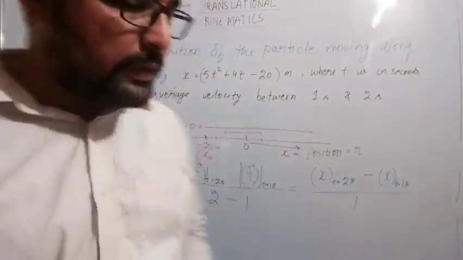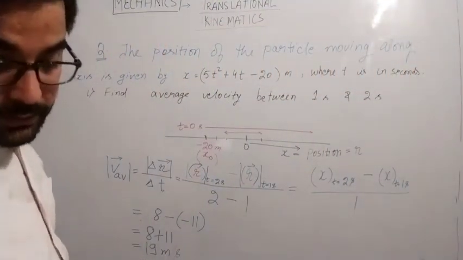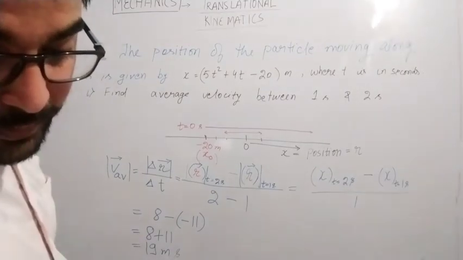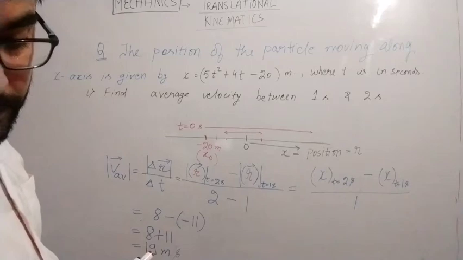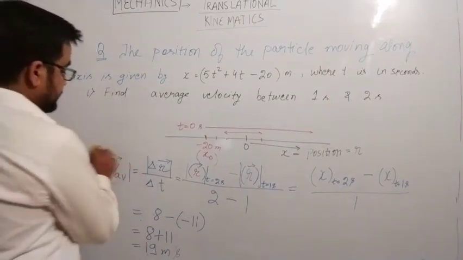So that was easy. Now in the next part it is asking, find velocity as a function of time and its value at t is equal to 3 seconds.